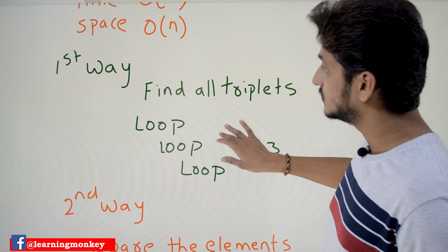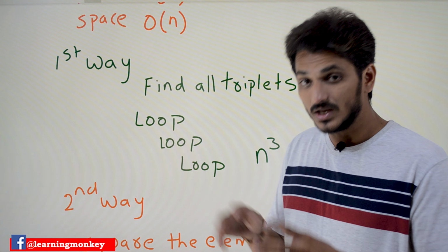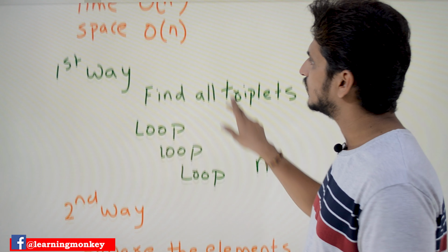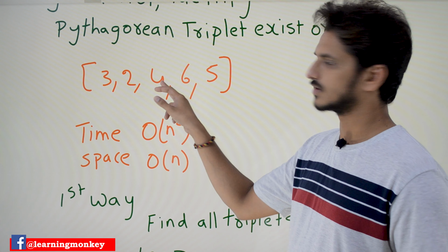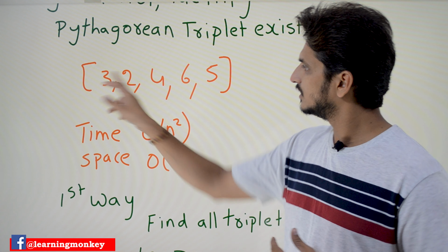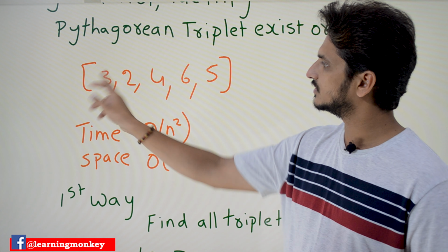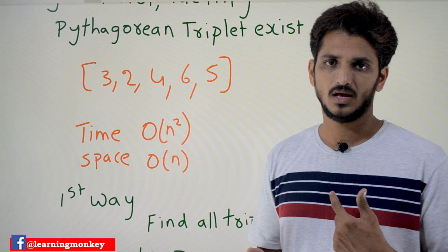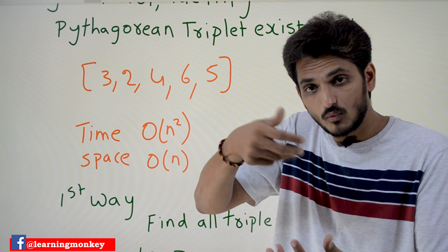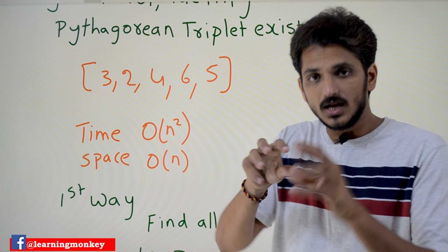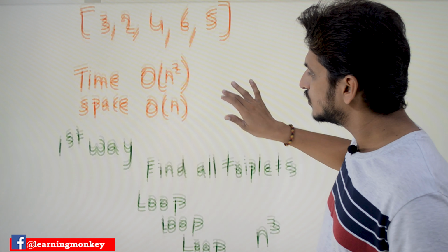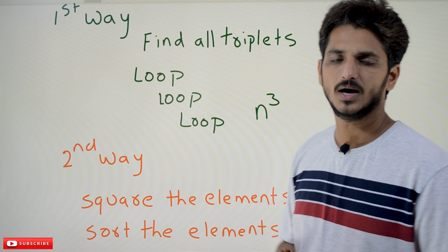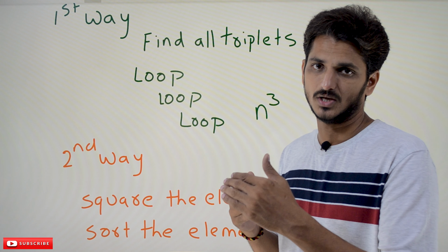Coming to the first way, from the given list we need to identify the triplets. What do triplets mean? 3, 2, 4 is one combination. 3, 2, 6 is another combination. 3, 2, 5 is another combination of triplet. How do we pick the triplets from the list? We need a loop within a loop within a loop, nested loops.